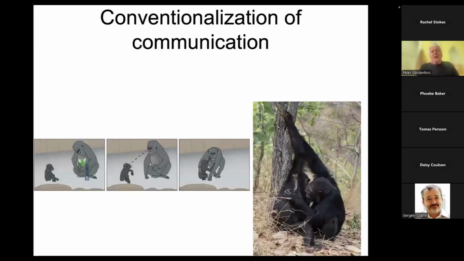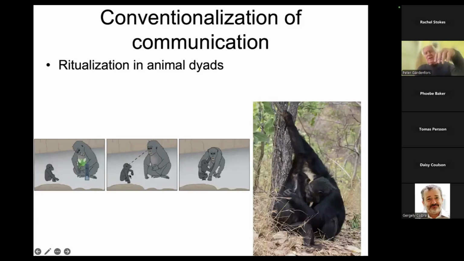So if we compare with animal communication, we find cases of ritualization. Here, I think it's a chimp mother, and there is the infant, and the infant makes a sign with its hand, and the mother understands. They've done this several times. It's become a ritual that the infant wants to be cuddled or maybe carried on the back.